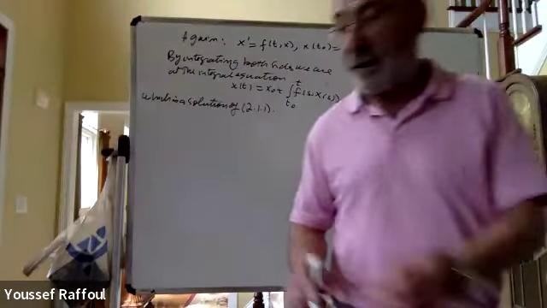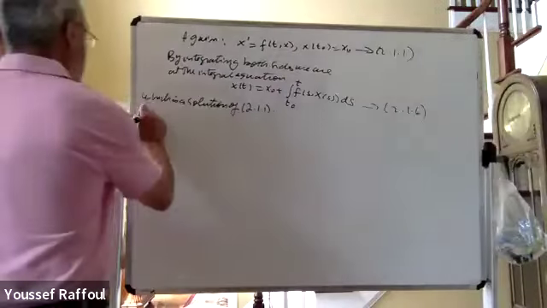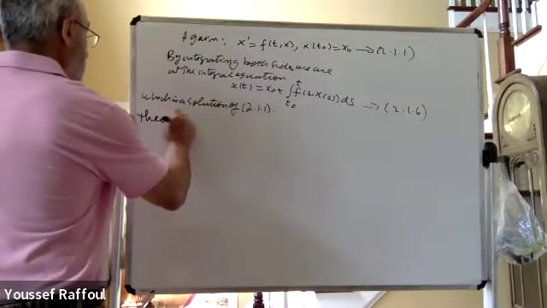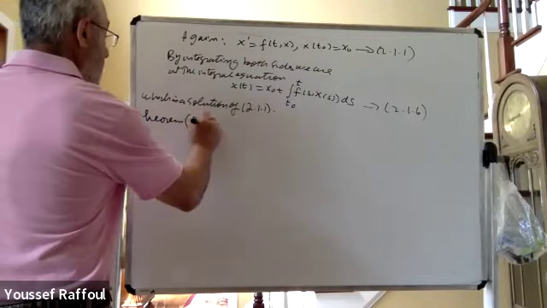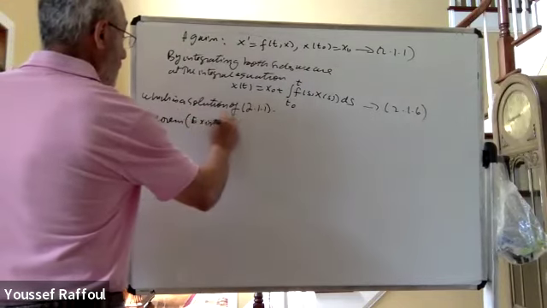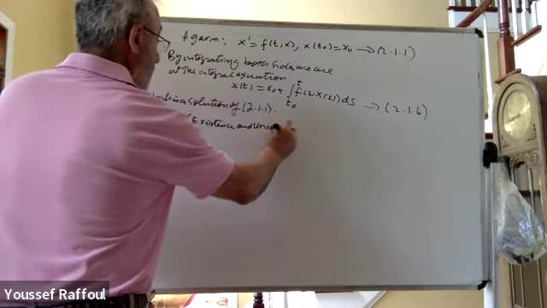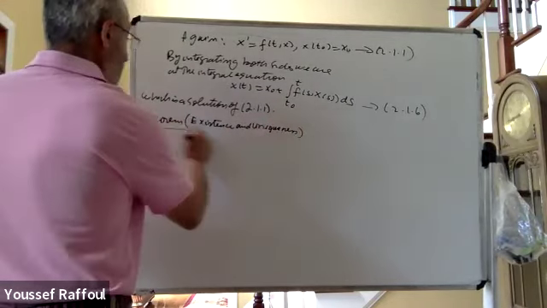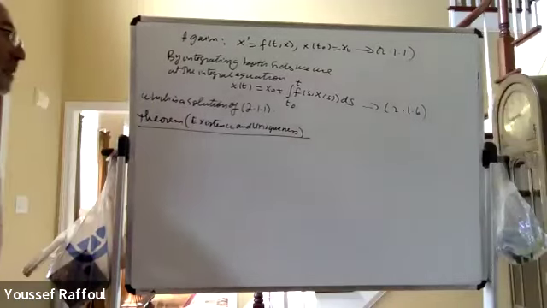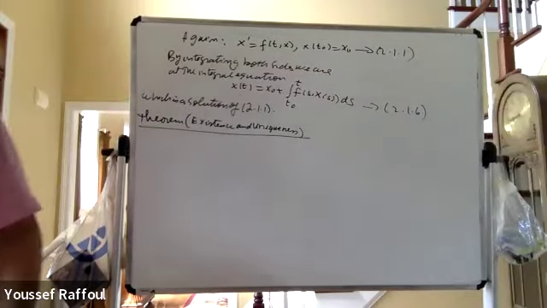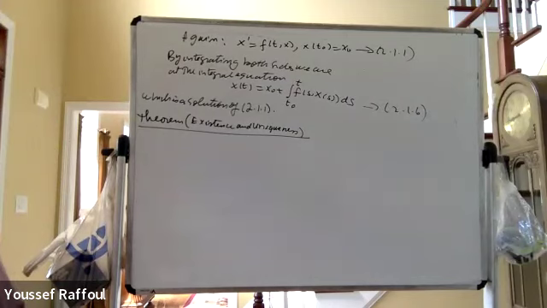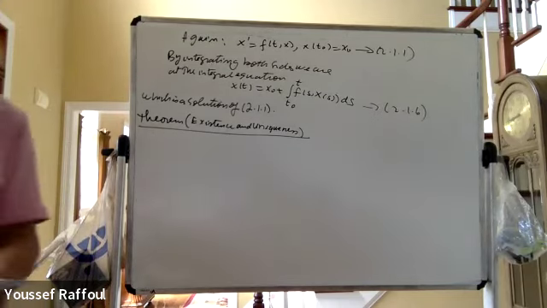All right. So we have the big theorem: existence and uniqueness. That means existence and uniqueness of the solution. I'm gonna have to look at my note here, so we are on the same page.